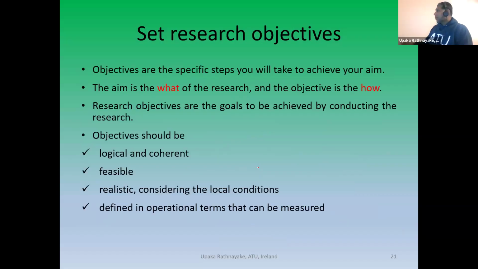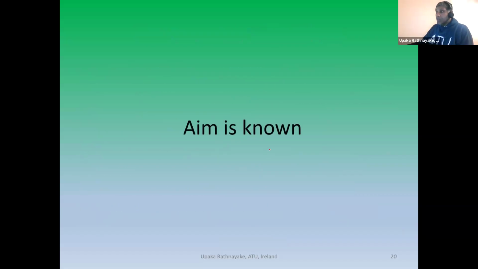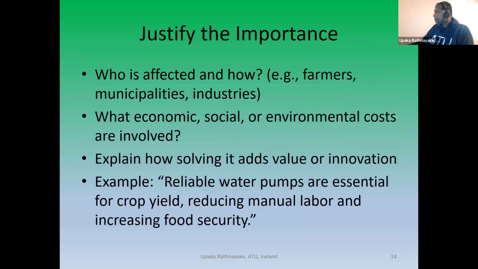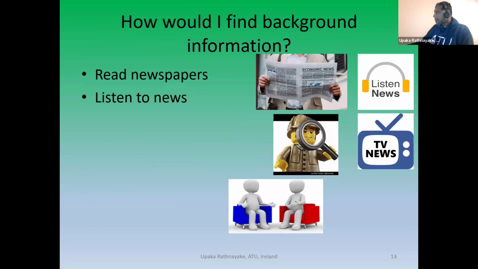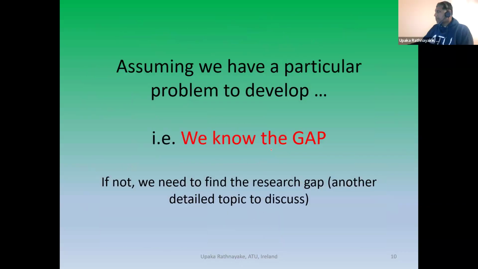Okay, so it's here. Now, in our case, in this particular one, the aim is known. Why do I say the aim is known? Because it's a research gap. We have a research problem. We have a problem to develop. So we basically know the gap which we have to fulfill. That's our aim. So basically, we are trying to fill that gap, and that's our aim.